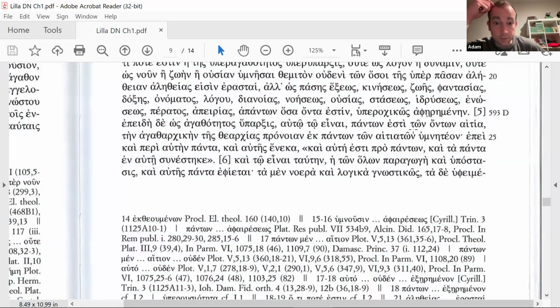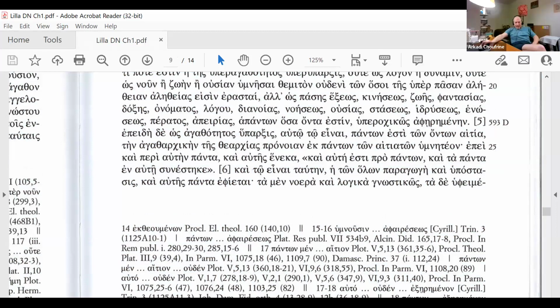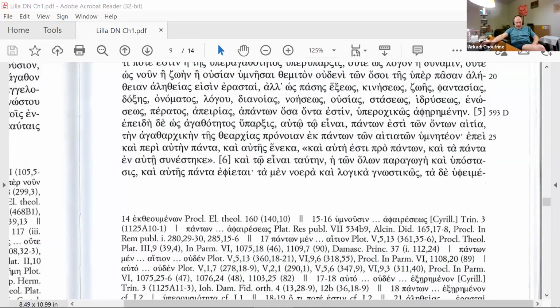It is the cause of all beings. One must hymn or praise the agatharchic providence, or the good foundational providence, or something like that. It's hard to translate that word. That's a good question, how to do it better. The meaning is kind of clear intuitively, but let's see what Lampe gives.